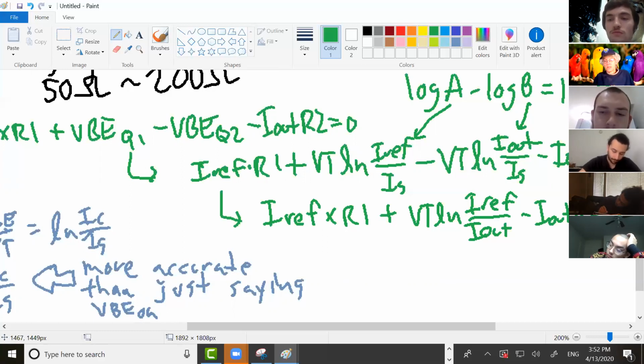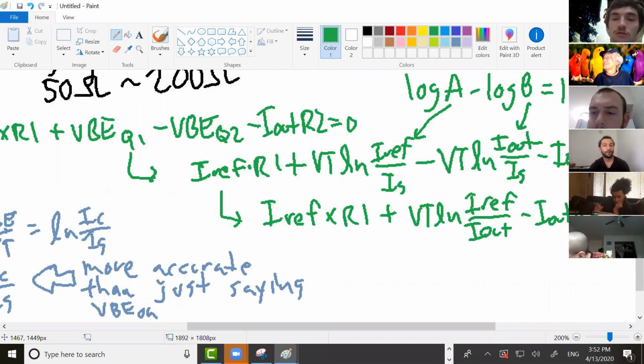Okay, so this is a single equation with 4 unknowns. Can you solve it? No, you can't. So you can't solve this for R1, R2. You have 4 unknowns, R1, R2, I ref, and I out. If you are a designer, you probably already picked your I ref and your I out.